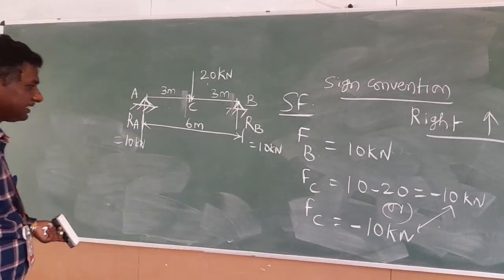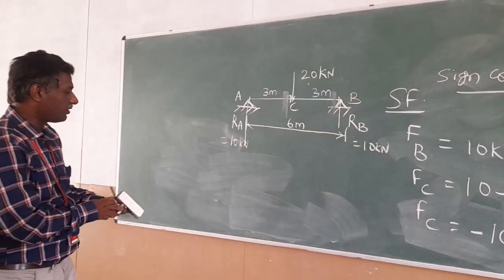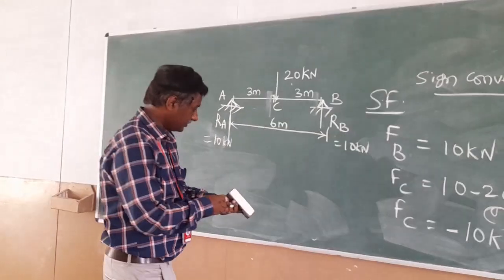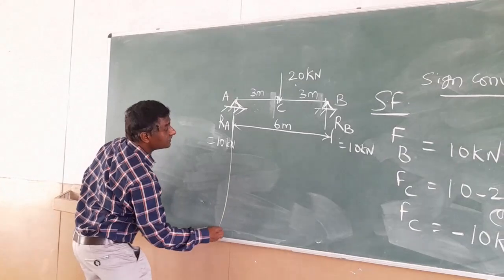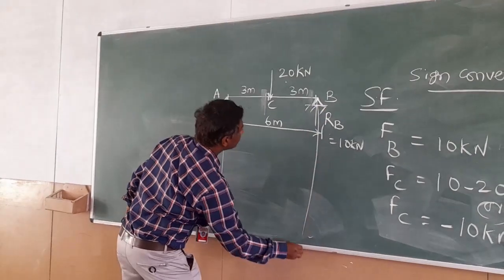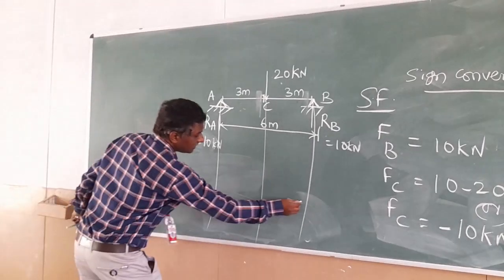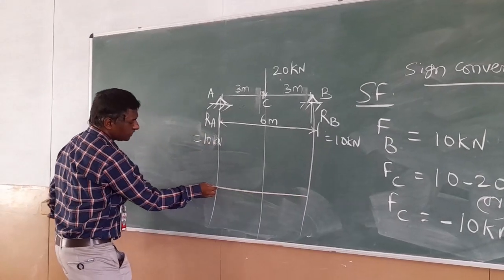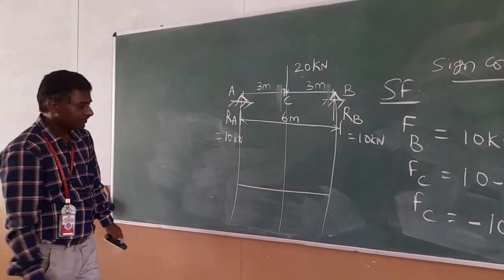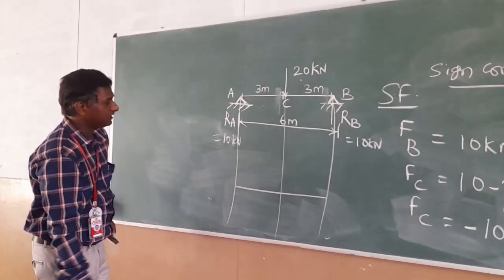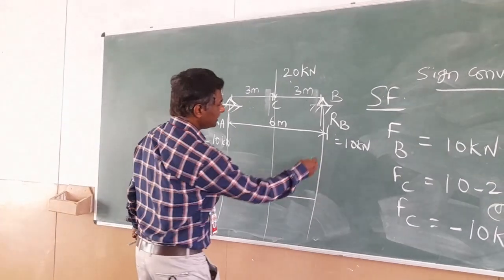So according to these shear force values, now we are going to draw the shear force diagram. Just extend this line and draw the neutral line, that is the zero shear force line. I just mark the values.